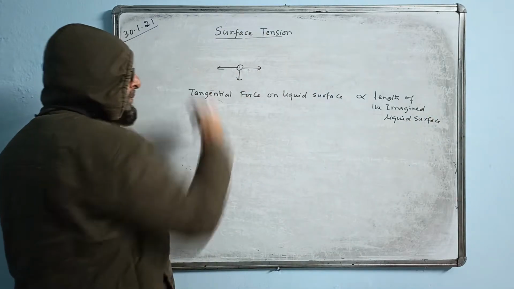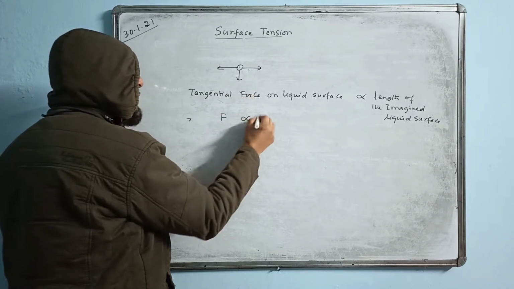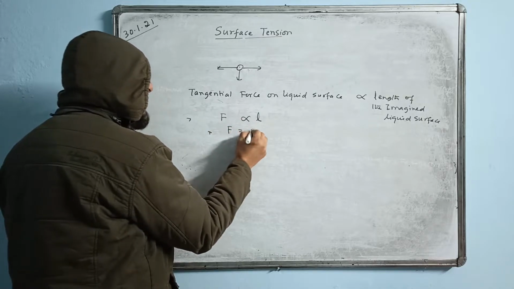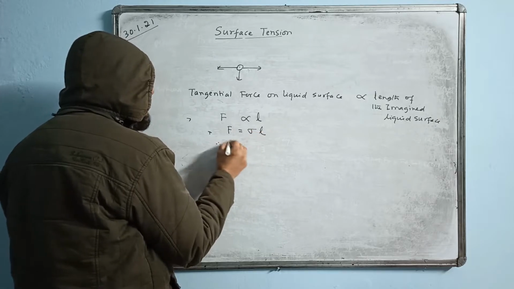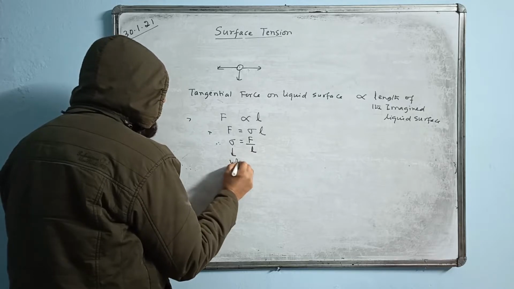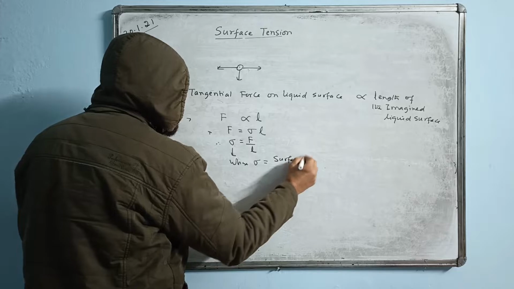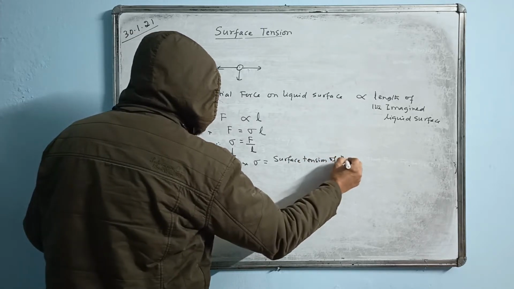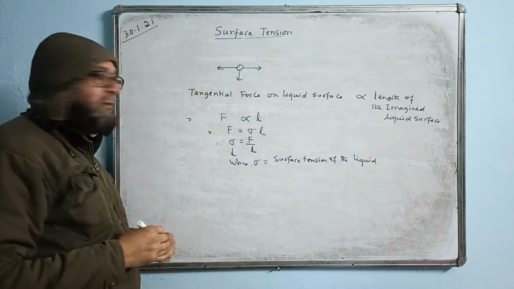If I write F is proportional to L, the length is L, then we multiply the constant, that constant we denote by the symbol sigma, this is called surface tension. Therefore we write the surface tension formula sigma is F by L, where sigma is called surface tension of the liquid.